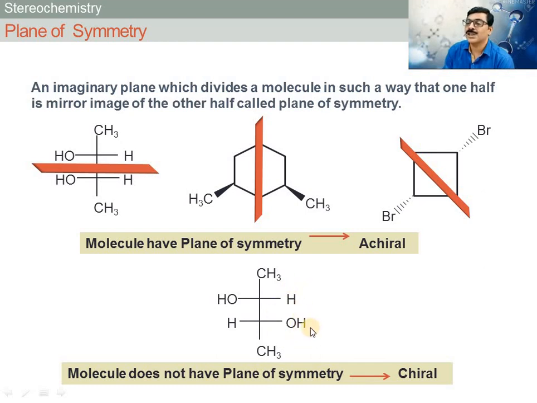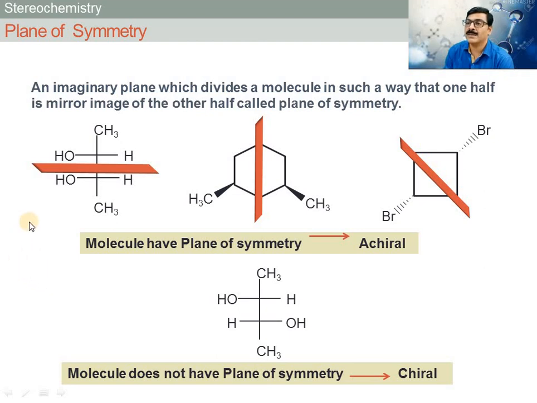Means such a molecule does not have a plane of symmetry, because the mirror image of one half is not identical with the other half, so such a type of molecule is a chiral molecule. Means if a molecule does not have a plane of symmetry, then it is a chiral molecule, but if a molecule has a plane of symmetry, then it is an achiral molecule. Now this is the plane of symmetry.